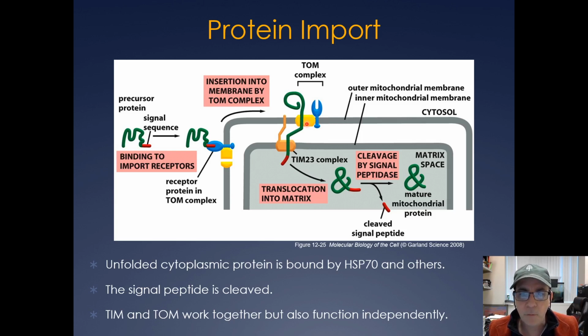TIM and TOM can work together, and then it gets translocated into the matrix, and the signal sequence is cleaved, and the protein becomes folded. So TIM and TOM typically work together, but they can also function independently in this process.